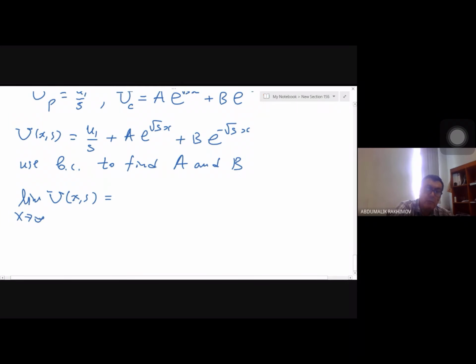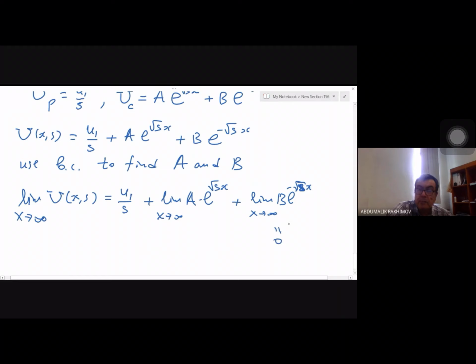It is u1 over s, because it is a constant with respect to x, and its limit is the same constant. Plus the limit, when x goes to infinity, of a times exponential root of sx, plus the limit of b times exponential minus root of sx.